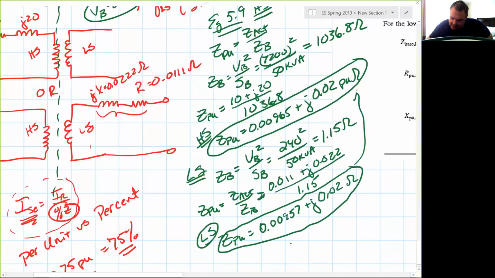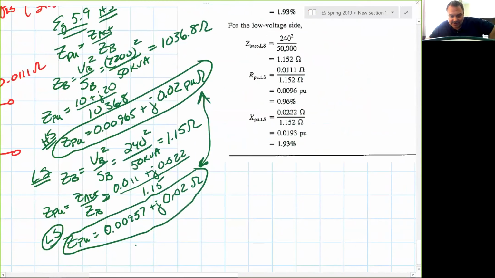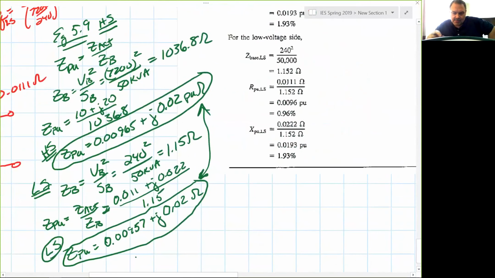And ideally, if we carried everything else significant, those two would match. And as I said years ago in one of my classes, behold the beauty of the per unit system, because that's the point.